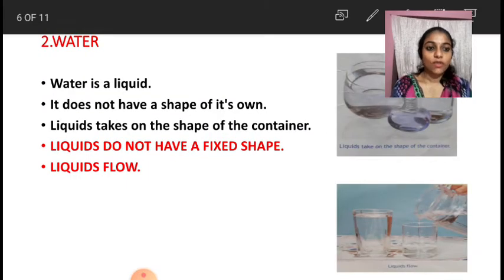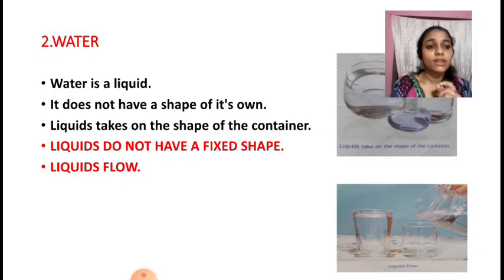Next one is water. Water is a liquid. We all know that. And next, it does not have a shape of its own. See, when we take water in a glass, it will take the shape of that particular glass, isn't it? When we take the water in a jug, it will take the shape of the jug.